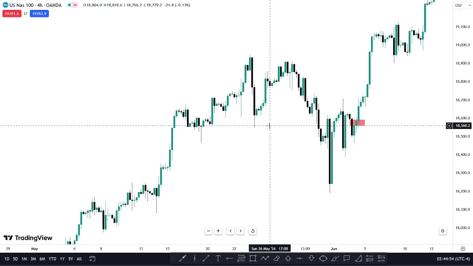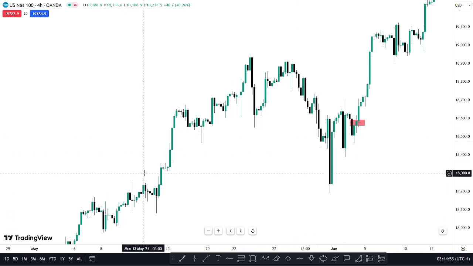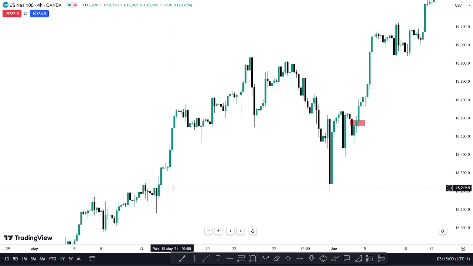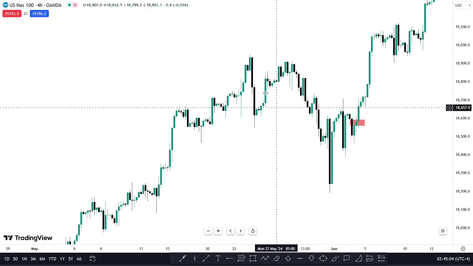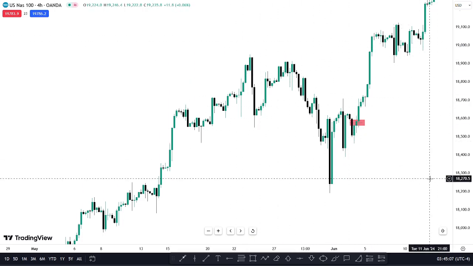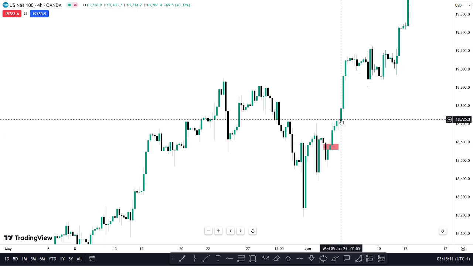Remember the liquidity that we need to take out, this one and that one, then it came into the order block, as you can see, that order block body, then moved. So it's still moving in order to get this one. Anyway, let's call this one a loss. That will be the second loss ever since we came into this.